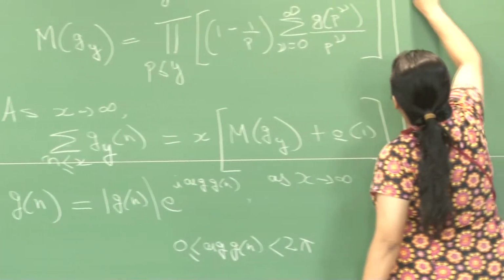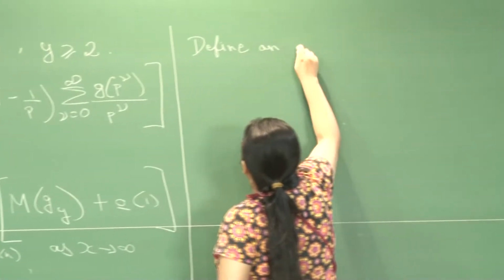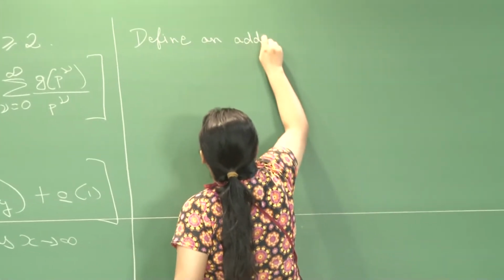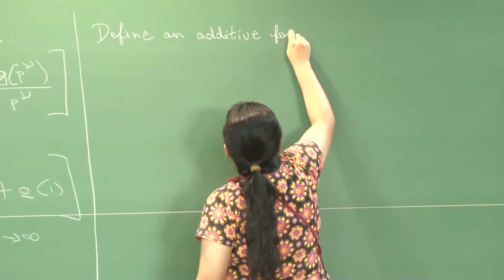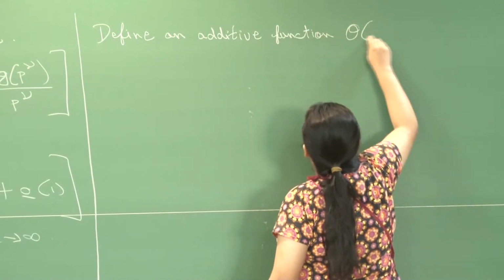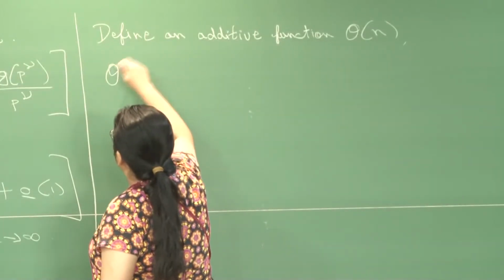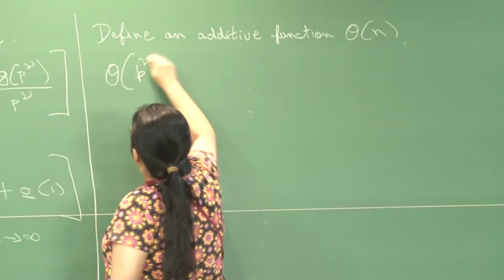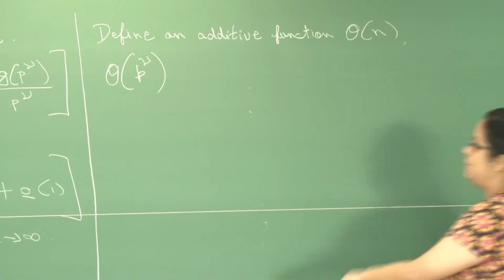So, define an additive function theta of n as follows. Since it's additive, you need only specify it for prime powers.